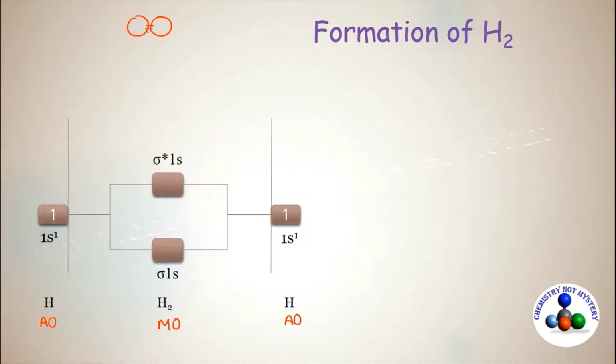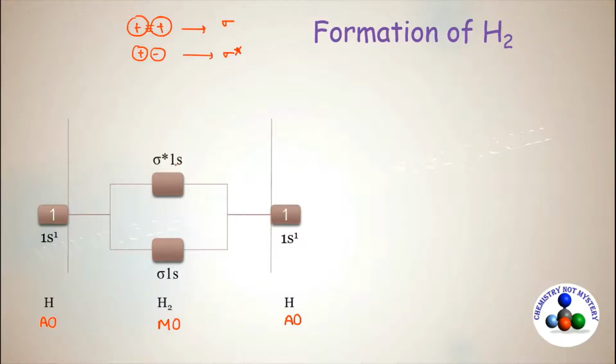That means they result in the formation of a sigma molecular orbital. As there are two possibilities, if they are facing similar signs, they result in the formation of a sigma bonding molecular orbital. If they are facing opposite signs to each other, they result in the formation of a sigma anti-bonding molecular orbital. That's why you will get the sigma 1s bonding molecular orbital and the sigma star 1s anti-bonding molecular orbital.